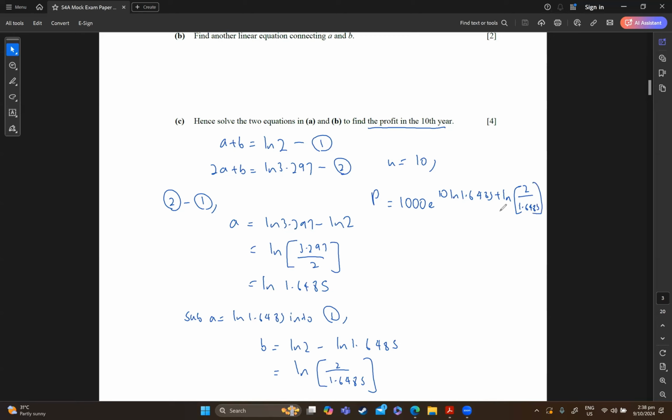All you have to do is type this in your calculator. You'll immediately get your answer, which is 179,816.9218. Round it off to 3 significant figures, it's $180,000.